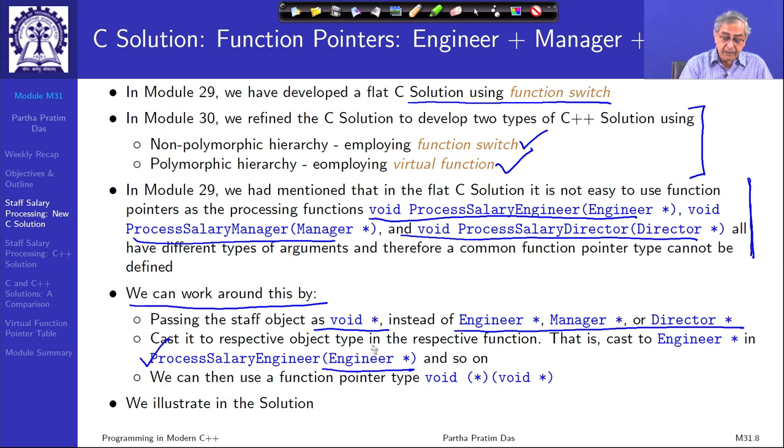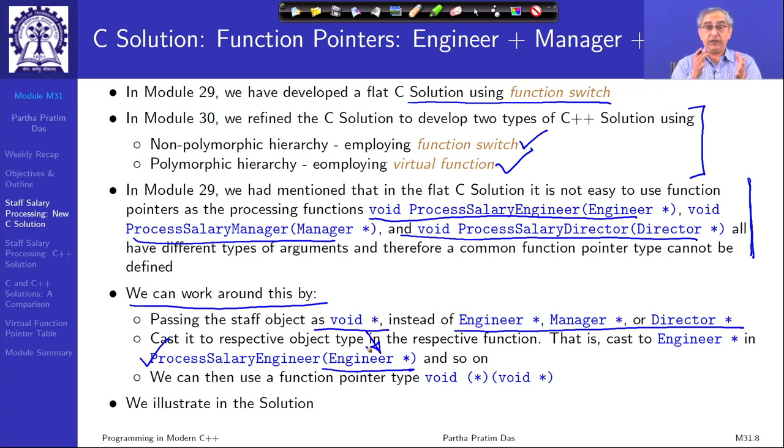So, I can take this void star and explicitly cast that pointer to an engineer star pointer, because I am assuming that the processing function for engineer will never be called with a pointer to any other staff type, like it will never be called with a pointer to a manager structure passed as a void star, right.